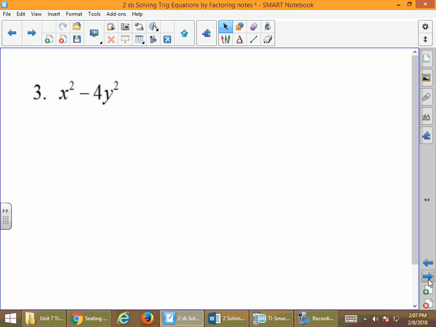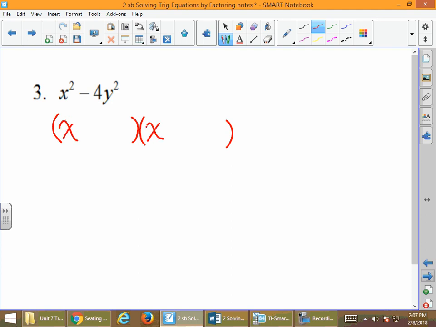And this one happens to be, once again, a difference between two squares. We can take the square root of x squared. It's x times x. We can take the square root of 4. It's 2 times 2. We can take the square root of y squared. It's y times y. And difference between two squares, different signs. And that's all that we can do for that problem.